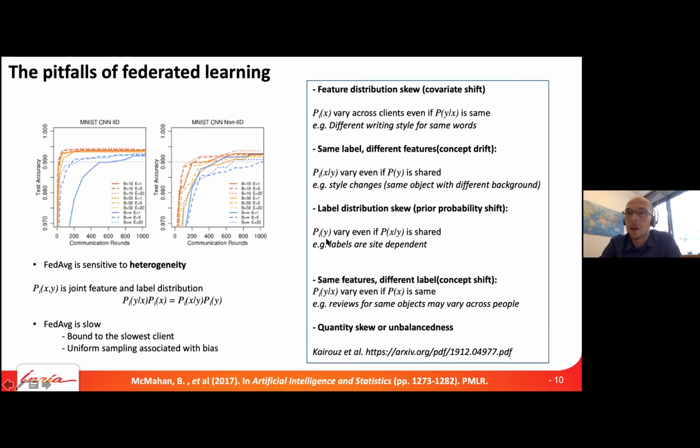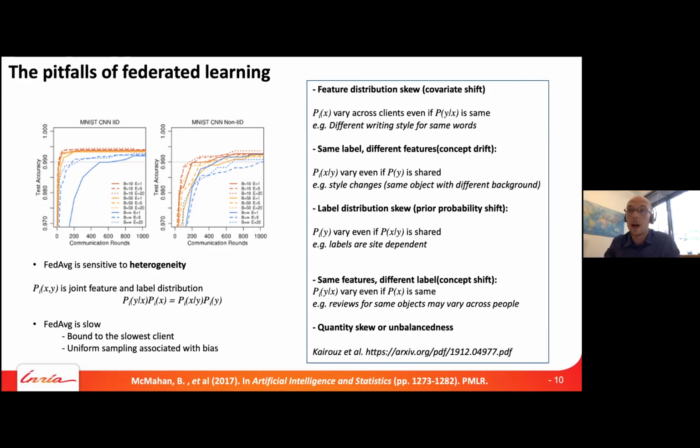Certain sites might not even have some labels, so overall the marginal of the label is different across the clients. And then even the label conditioned on the features might be different. In reviews, even if you have the same features, the same film, for different people the film can be good or could be bad. So all of this generates different kinds of heterogeneity that have to be handled.